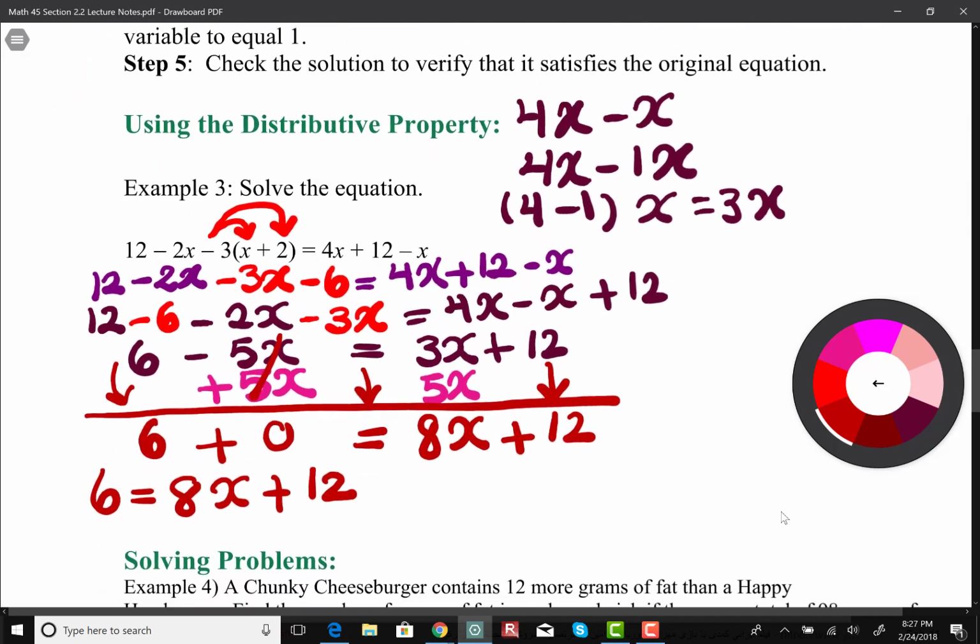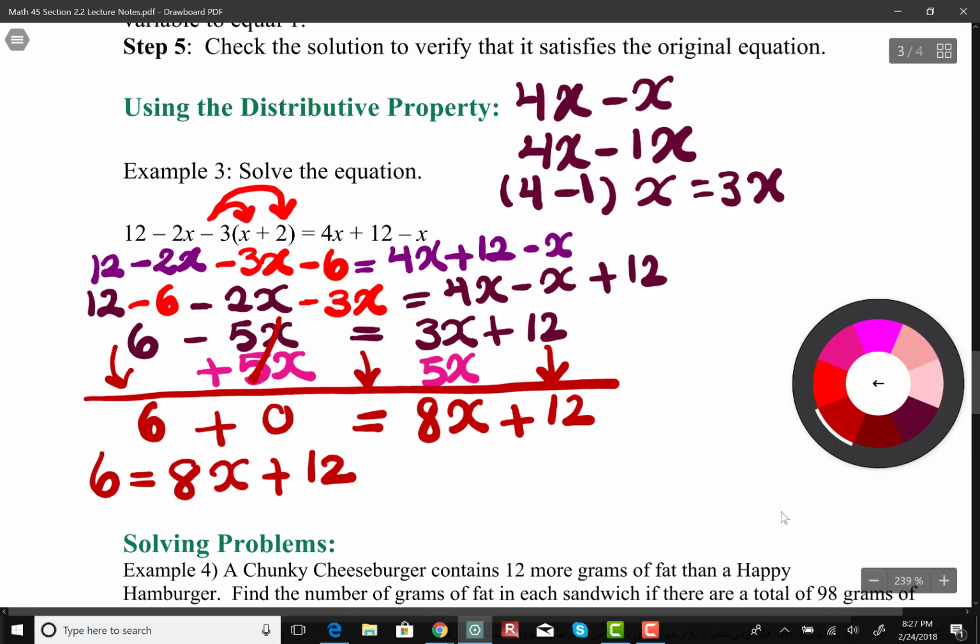So keep all the constants on the other side. That means we have to keep 12 on the left side this time. So opposite of 12 is negative 12. Again, align it in here. And then negative 12.